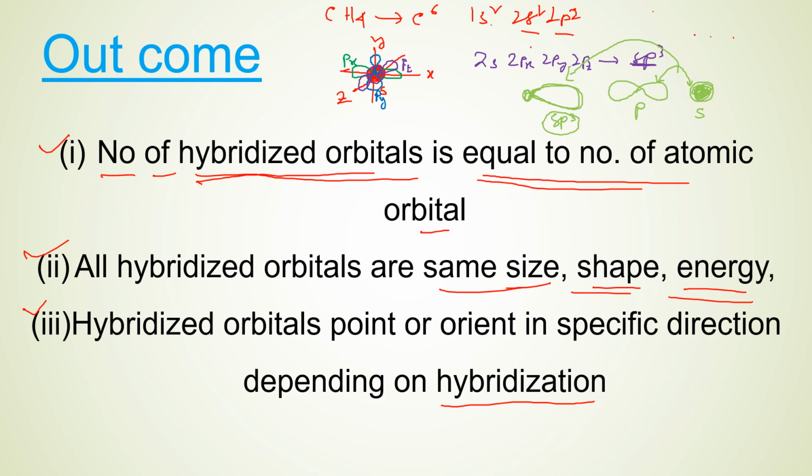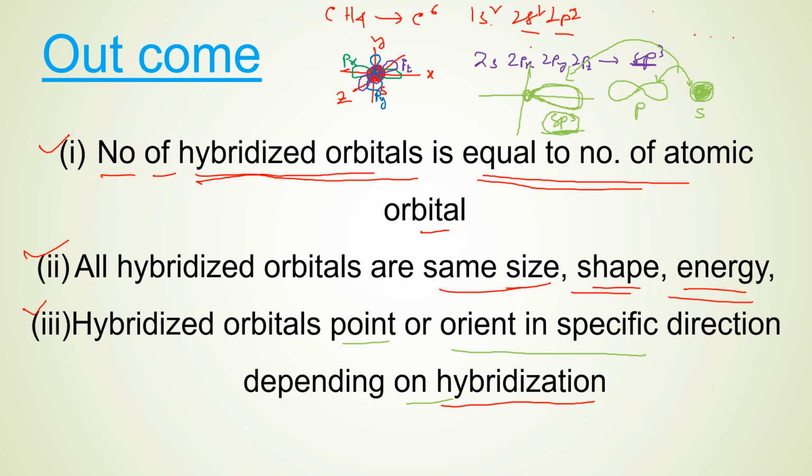So this is the shape of the sp3 orbital, and it has been said that the hybridized orbital points or orients in a specific direction depending on the hybridization. So it will orient along the x direction. Here I have shown one sp3 hybrid orbital.